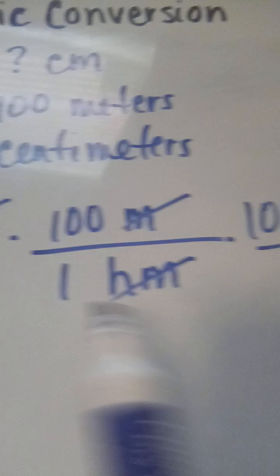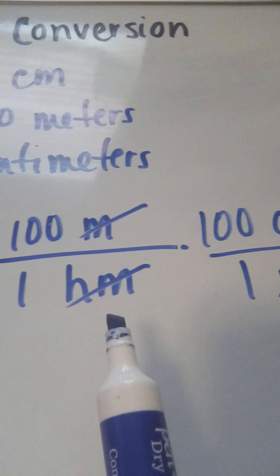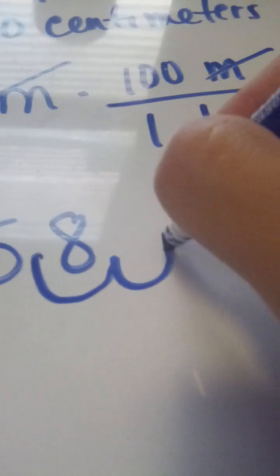What you can do is this. How many zeros are there? 4, right? You move it 4 places. 1, 2, 3, 4. Final answer is 58,000.